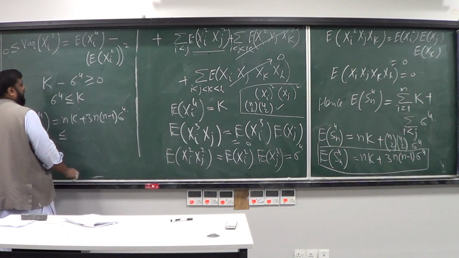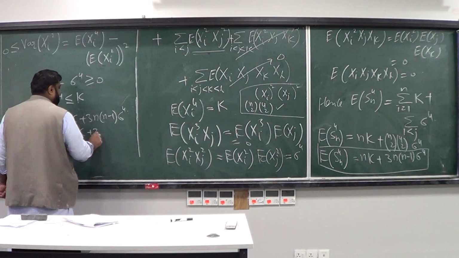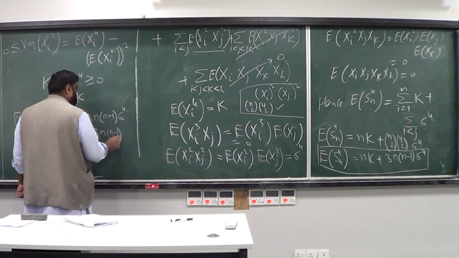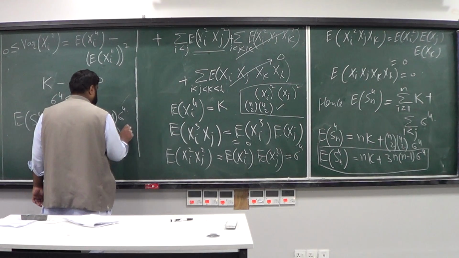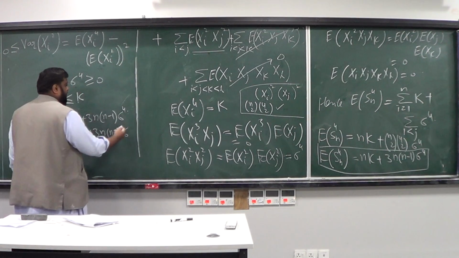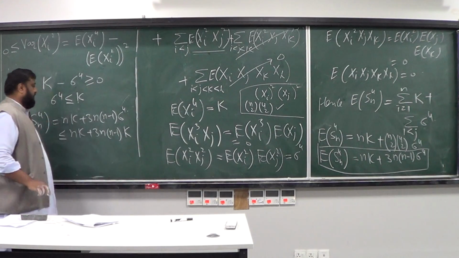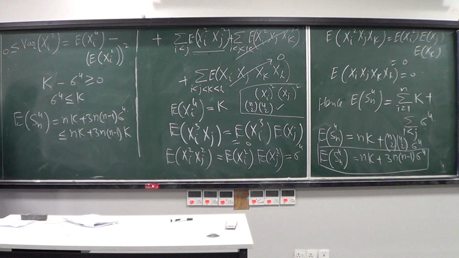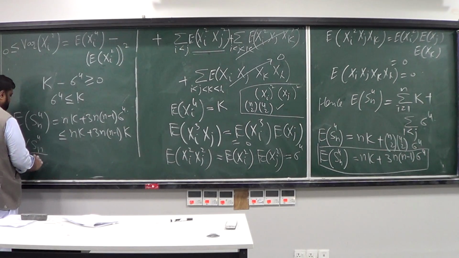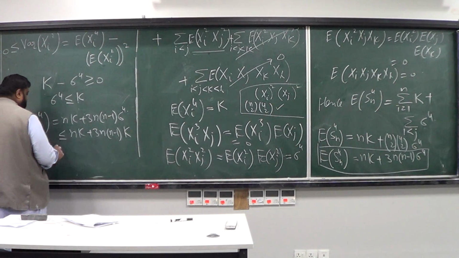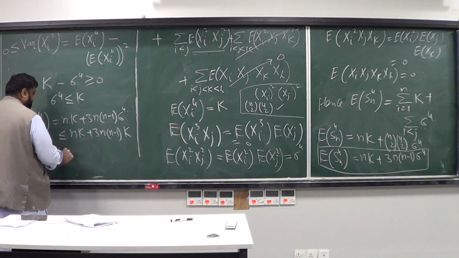This is less than or equal to nk plus 3n times n minus 1 times k. Now let's divide both sides by n to the power 4.